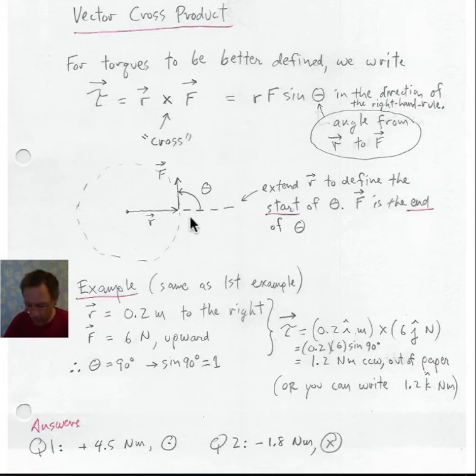So to try to clarify that, the process is like this. Let's say that you had to figure out R cross F here. One way to think about it is, just in your mind, or maybe with a pencil, move the R vector over to here like this. So now it's like that. We're not moving the rotation axis. That's staying put.